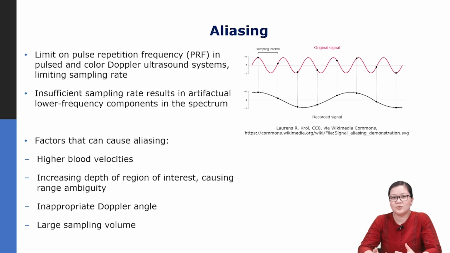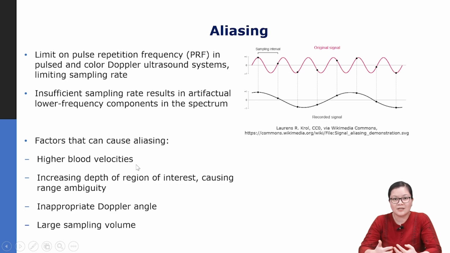But if you sample it too low, then the signal will have a lower frequency component. So the sampling rate of the system does matter in color Doppler for avoiding this aliasing artifact. There's a limit on pulse repetition frequencies in these pulsed and color Doppler systems, which limits the sampling rate. As you can see here, if there's aliasing, then lower frequency components are developed.